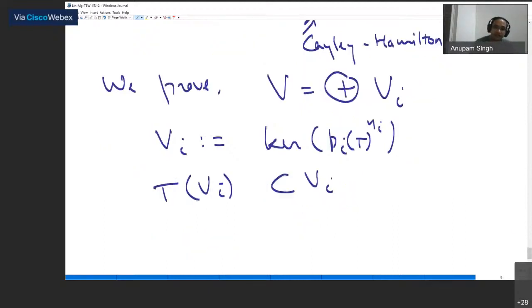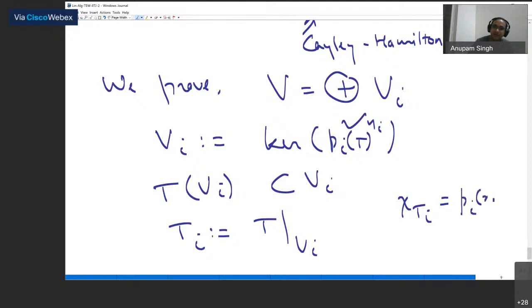And then I can restrict T to these Vi. And the way I have defined this Ti, I'll get automatically the other parts. The characteristic polynomial of Ti will be exactly, you see this part, because I have defined it that way. It will be pi x to the power ni, and the minimal polynomial of Ti is pi x to the power ni. So this proves basically the primary decomposition theorem.